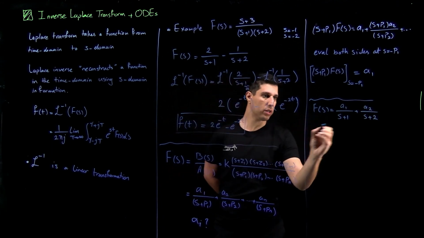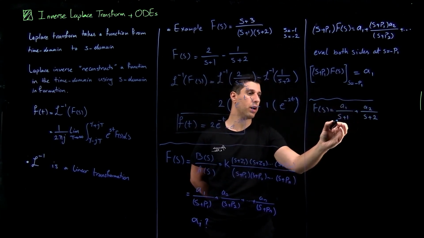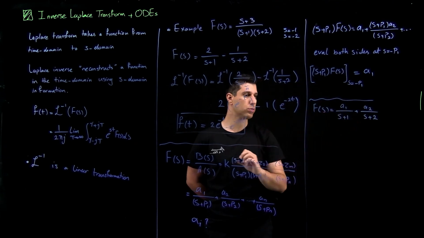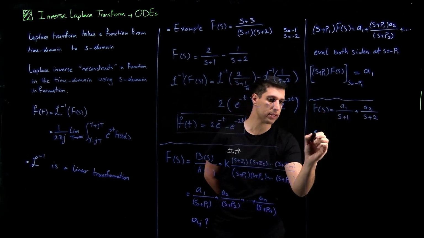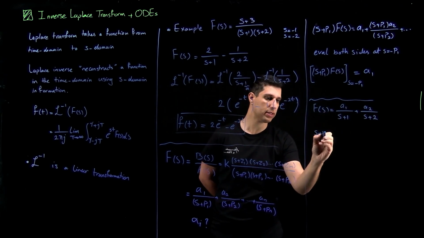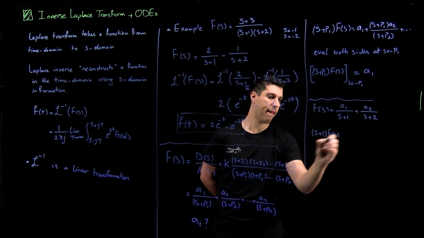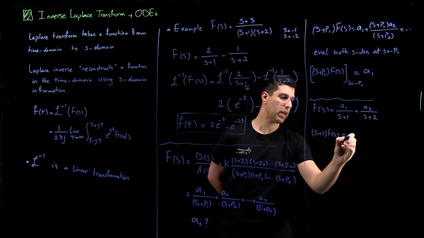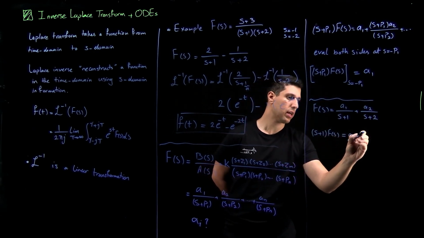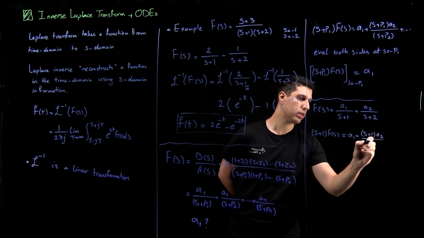Now for A1, I'm going to multiply both sides by the term associated with this pole, so s plus 1 times F of s equals A1 plus s plus 1 A2 over s plus 2.